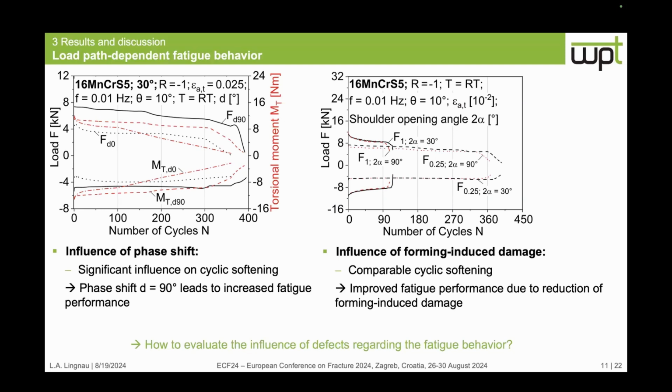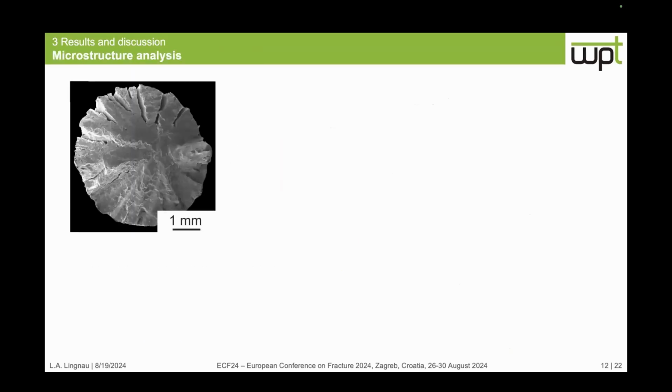But there's also the problem of how to evaluate the influence of these defects regarding fatigue behavior. Can we see an impact on the fatigue fracture, or the fatigue performance, in the microstructure? For that, we used the FIB-SEM, where we looked at the fracture surface.